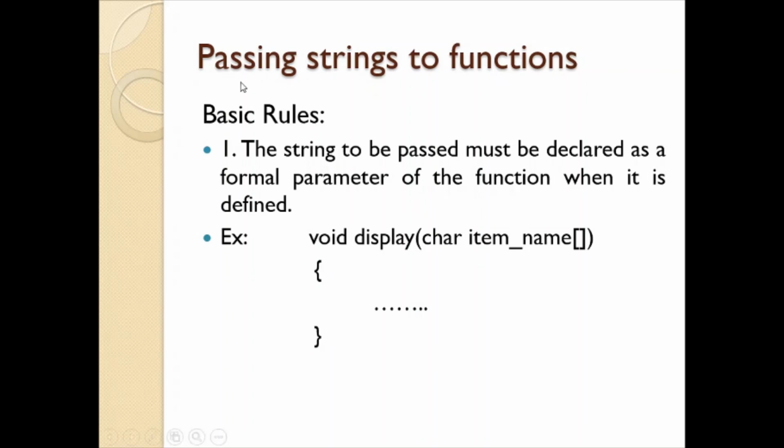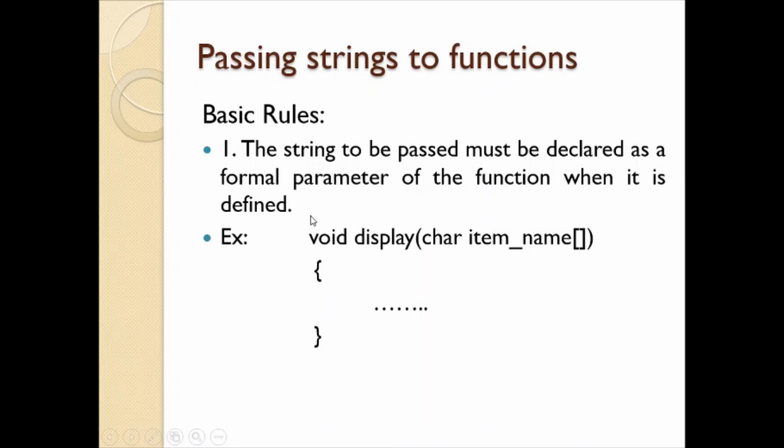Next, we can also pass a string to a function. The basic rules of passing strings to functions are: first, the string to be passed must be declared as a formal parameter of the function when it is defined.